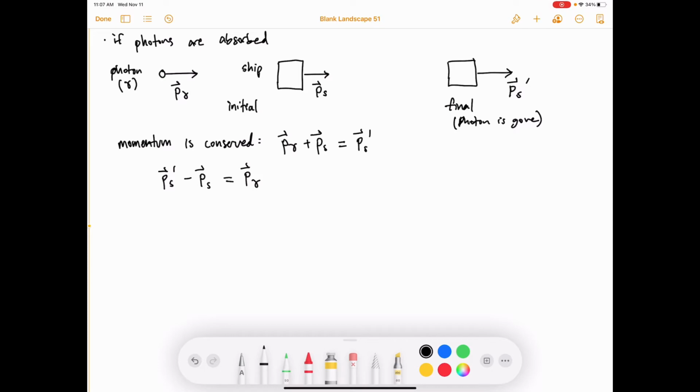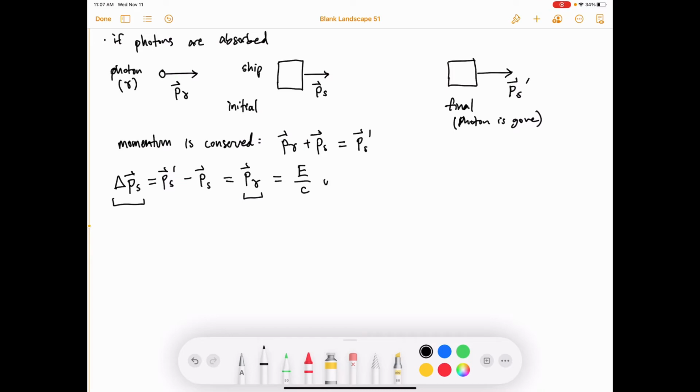Well, p_s prime minus p_s can be thought of as the change in momentum, delta p, for the ship. So in other words, the change in momentum of the ship is just equal to the momentum of that incoming photon. That makes sense, right? We increase the momentum of the ship by however much momentum the incoming photon had. And as we've seen, the momentum of a photon is written as its energy divided by c.